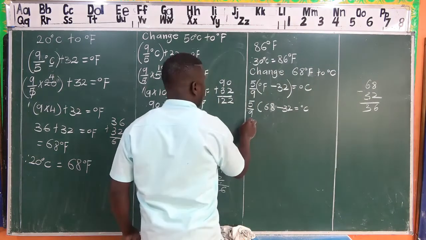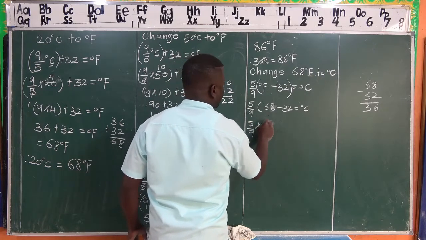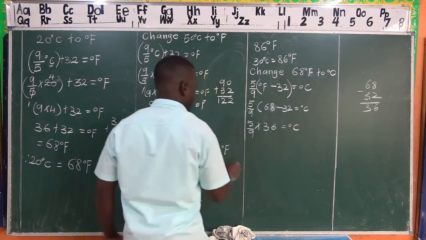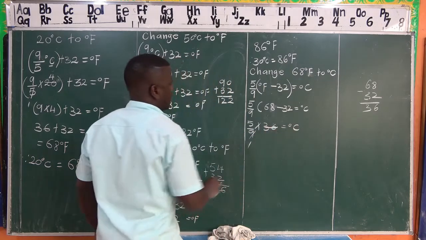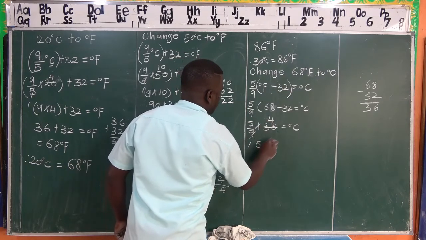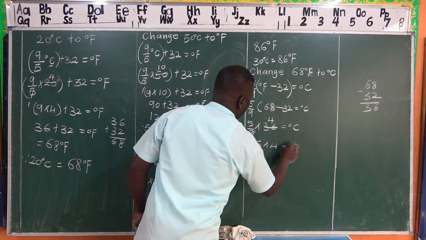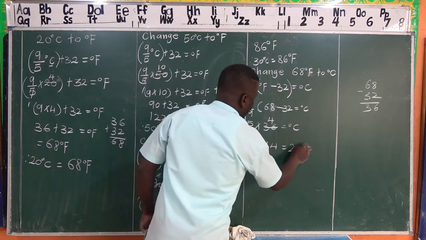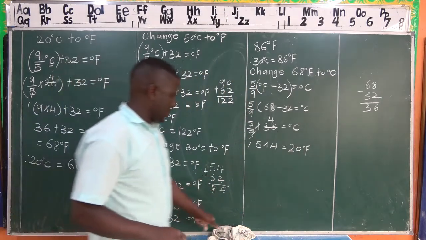So you come here and say 5 out of 9 times 36 equals degrees Celsius. 9 into 9, 1; 9 into 36, you get 4. Then here you come and say 5 times 4 is equal to 20. So it will be 20 degrees Celsius. As simple as that.